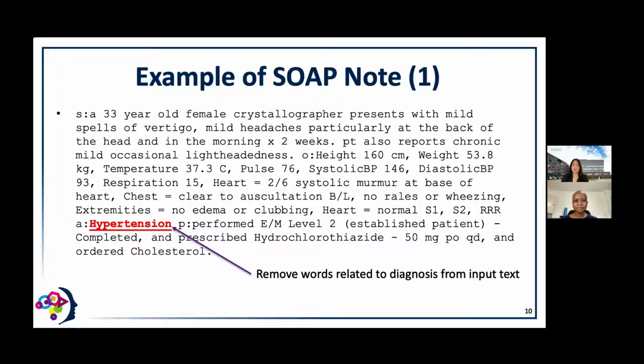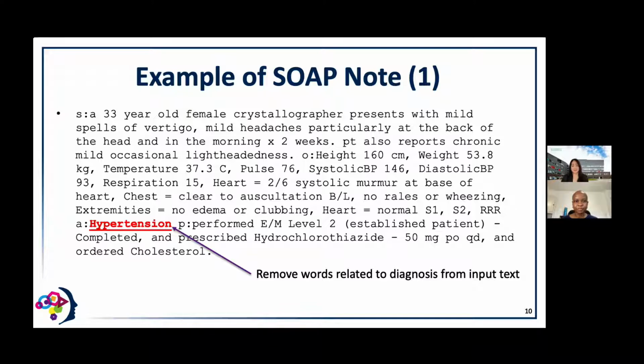So what we want to do ultimately is to see if we can make a model that can make a prediction on a diagnosis without knowing the diagnosis, obviously. The way we think about this is, without knowing the diagnosis, can our model predict that this is an example of hypertension just using all the rest of the words in this medical SOAP note?